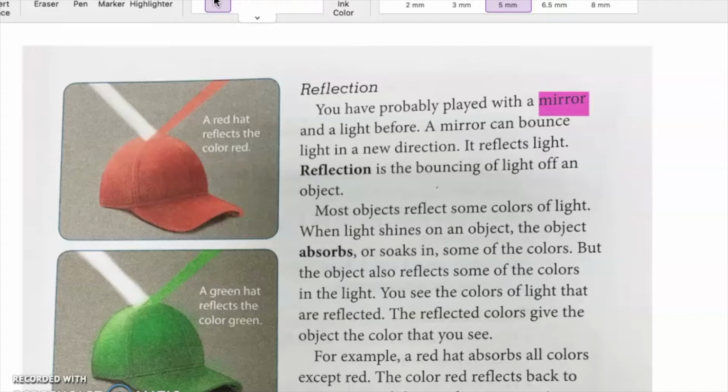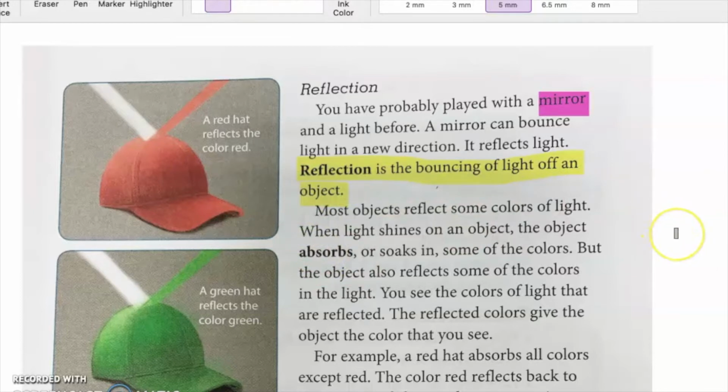You have probably played with a mirror and a light before. A mirror can bounce light in a new direction. It reflects light. Reflection is the bouncing of light off an object. That's the definition for reflection.